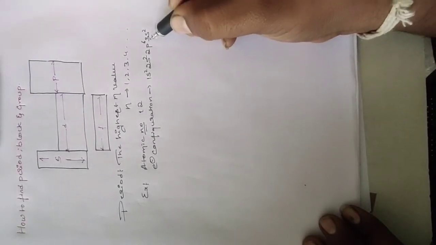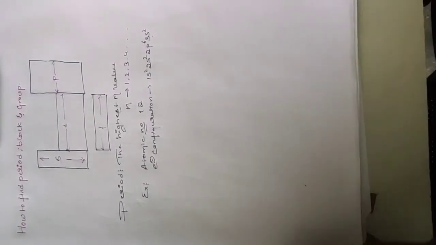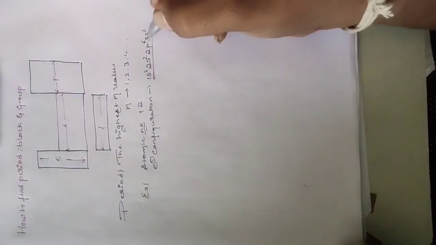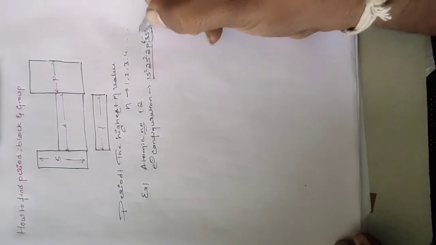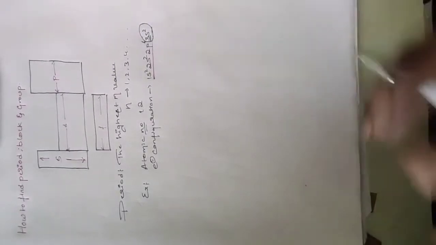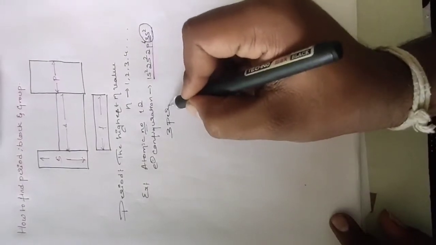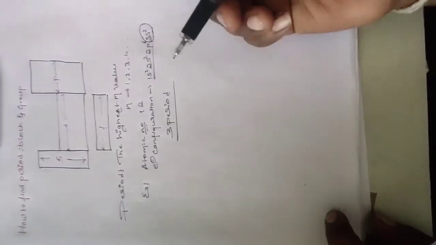When we look at the configuration, see the n in this electronic configuration, which is the highest n value. You see 1, 2, 3. The highest n value is 3, so it belongs to the third period. Using this method, we will find the period.